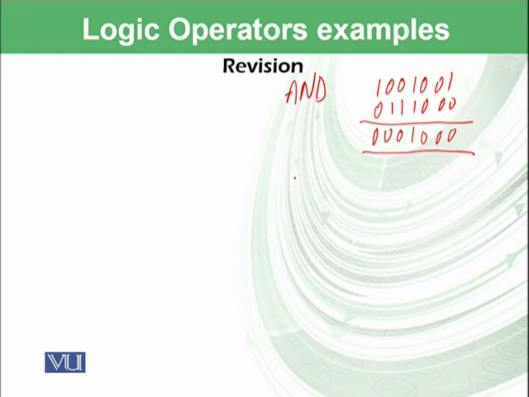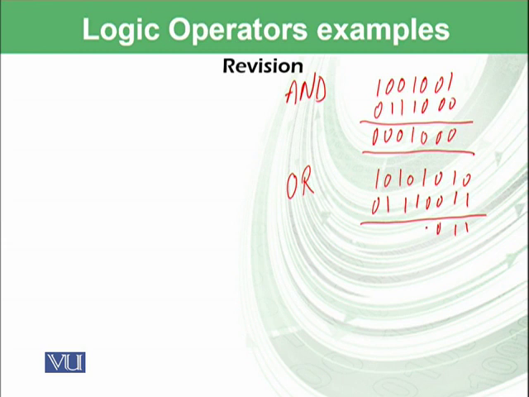Similarly, you might recall the OR operation with a similar bit pattern. This will give you 1 when any of the inputs is 1 or both inputs are 1, but it will give 0 when both inputs are 0.